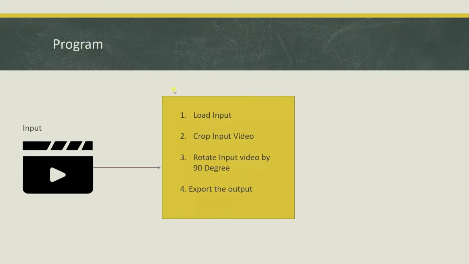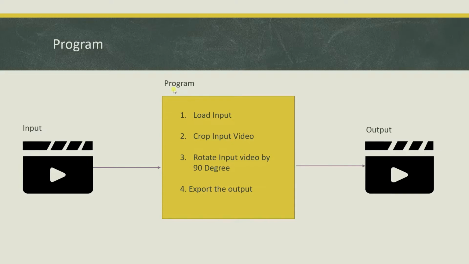So we have an input file and we want to crop and rotate a video, then we want to export the video. So we will write a program that will contain four instructions: load input, crop the input video, rotate input video by 90 degrees, and export the output. That's it.